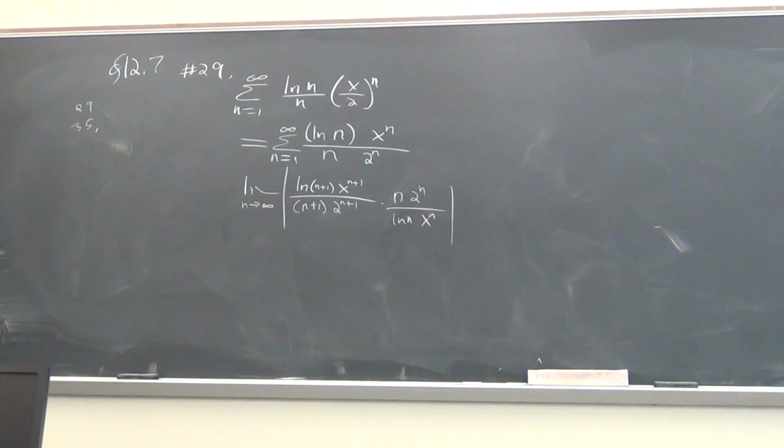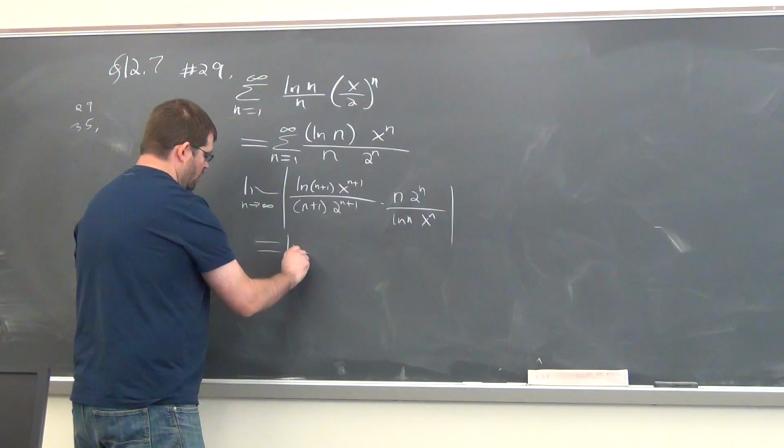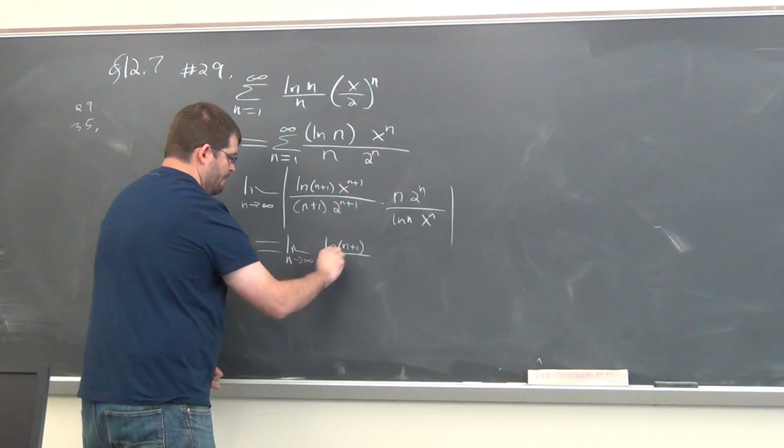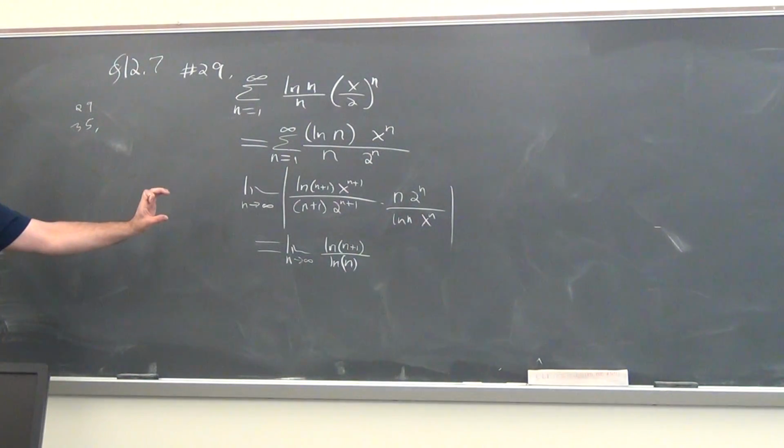And the same kind of cancellations happen as always. The log and the polynomial never cancel out though, so those are going to stick around for the rest of the problem. But the x and the 2 will cancel in the same way they always do. So we end up with my logs together, and then I have the polynomials.